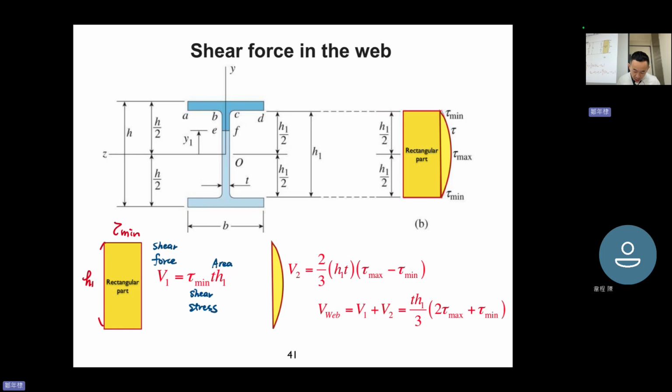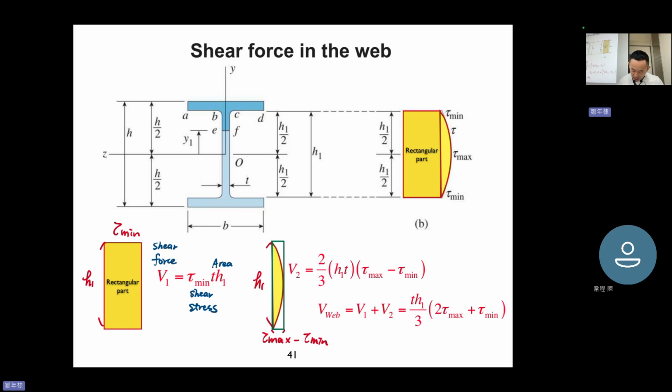And then the next one is, again, H1. And this part is called tau max minus tau minimum. The tiny thickness. Okay, so this is area again.